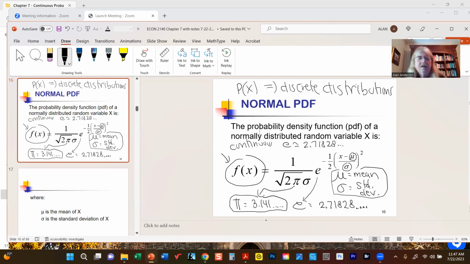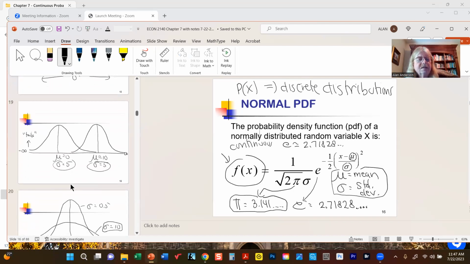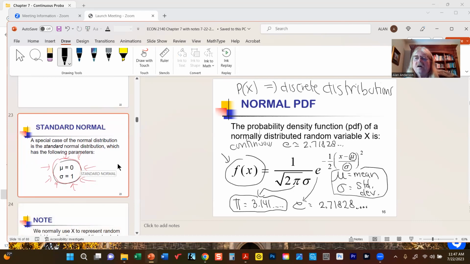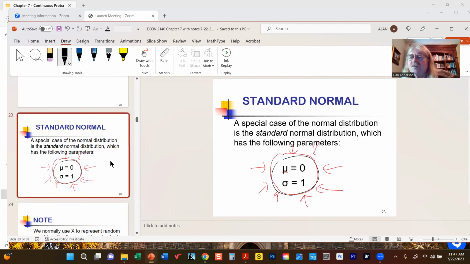All right. So, by the way, because there's an infinite number of possible normal distributions, just like with binomial and Poisson, it turns out that there's one case which proves to be very, very important.